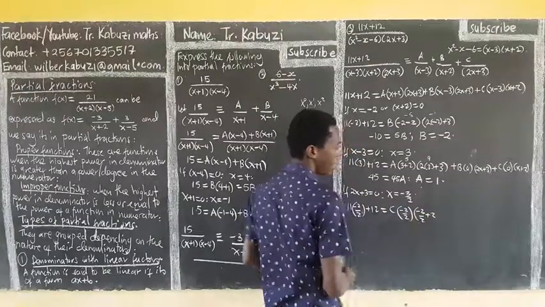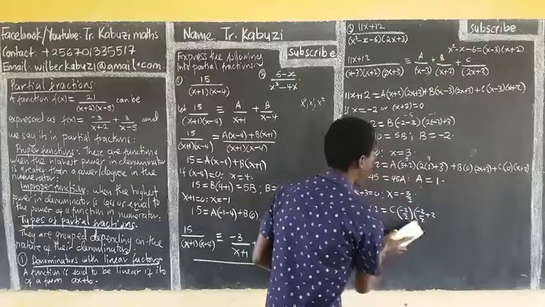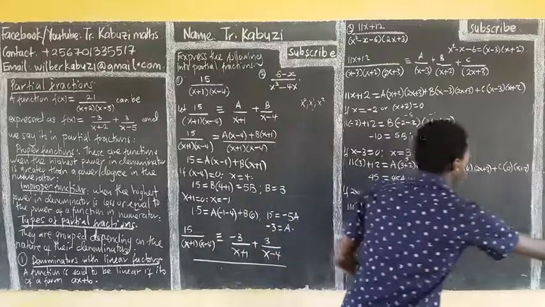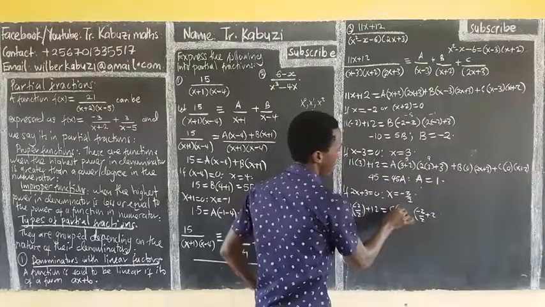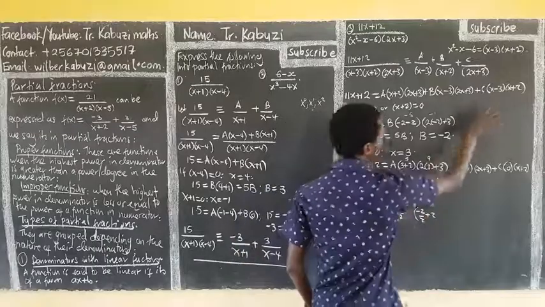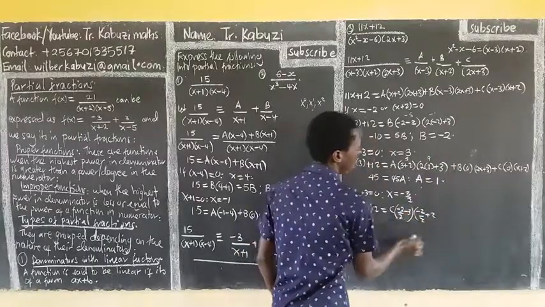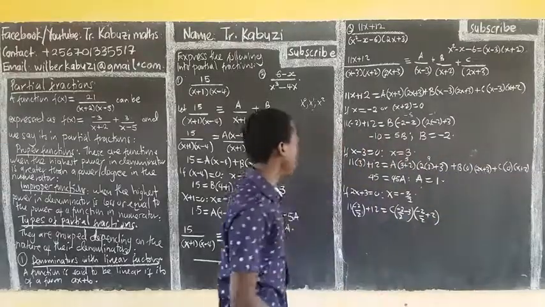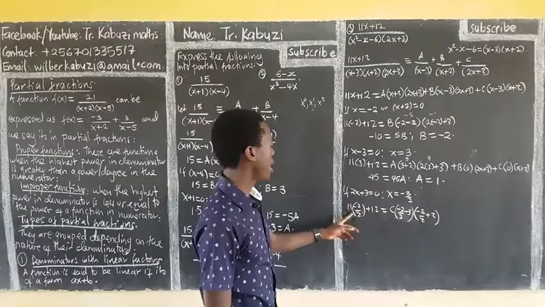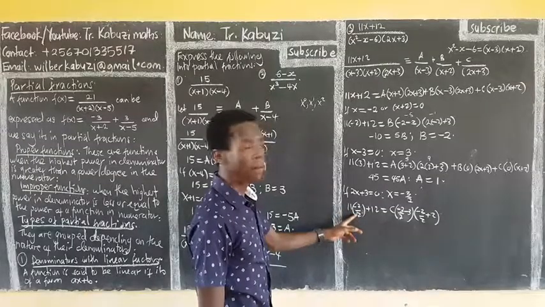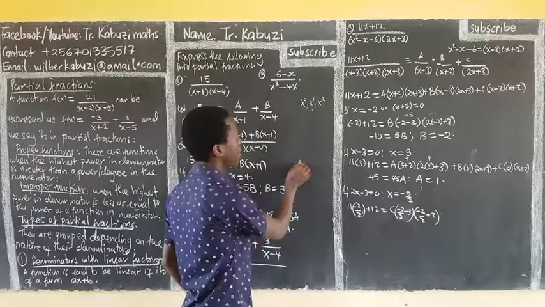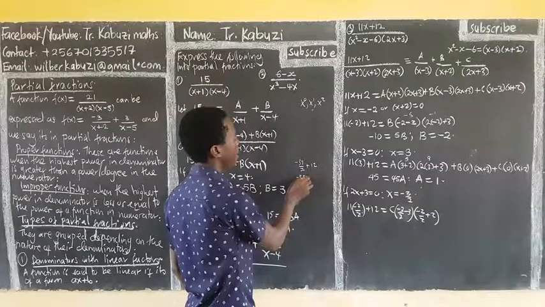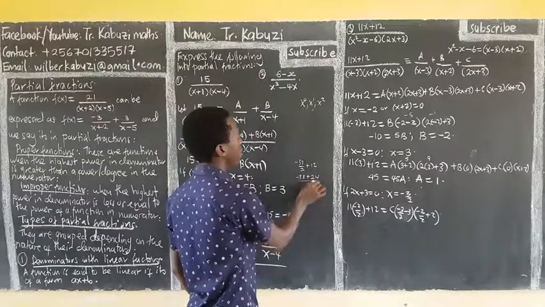So here we are having minus 3 over 2 minus 3, then negative 3 over 2 plus 2. Simplify this, you see I'm going to be having negative 33 over 2, so I have negative 33 over 2 plus 12. If I cross multiply here, I have negative 33 plus 24, the whole over 2.